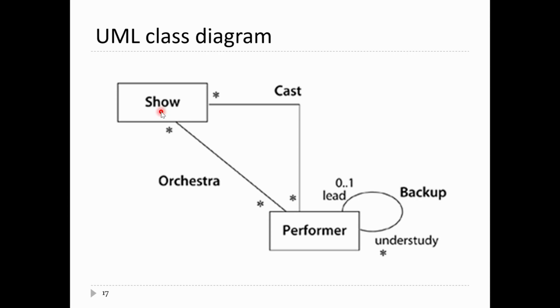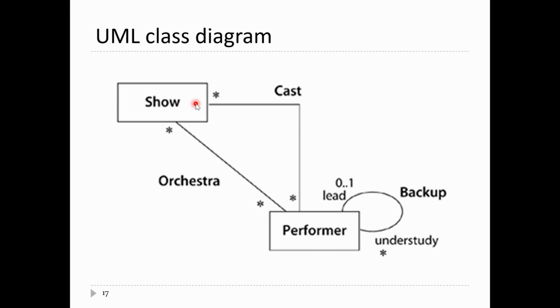So we have a show, and the star means 0 or more. So the show can have 0 or more performers who are part of the orchestra. A performer can belong to 0 or more shows as a member of the orchestra. And now you have the actors in the show.